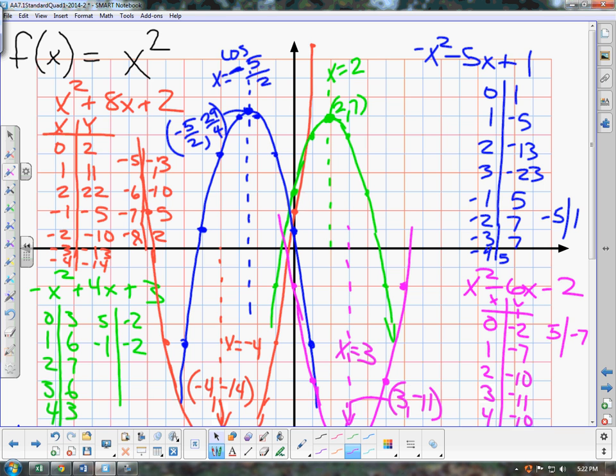And with all of them, these two, the vertexes are maximums, and these other two have vertexes that are minimums. Now, we have to find a way to find that vertex and that line of symmetry without having to go through and plot all of these points.